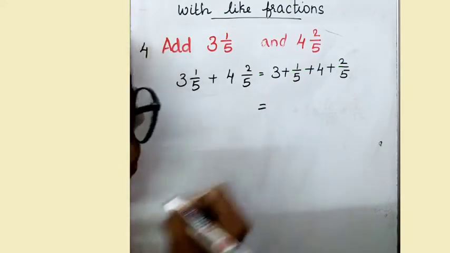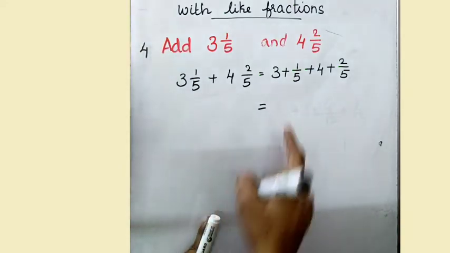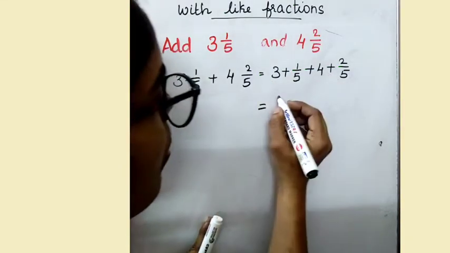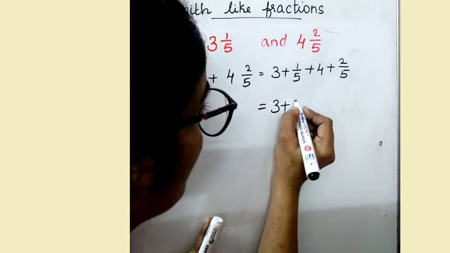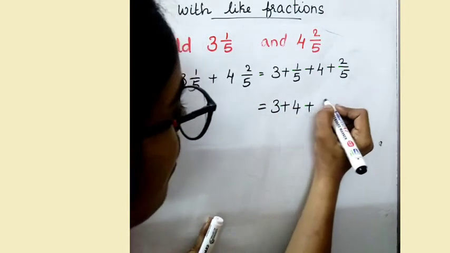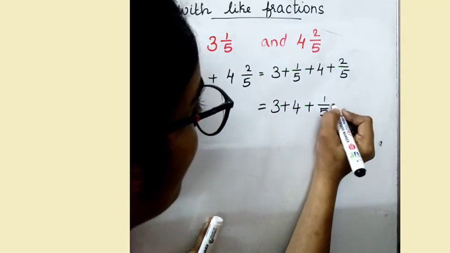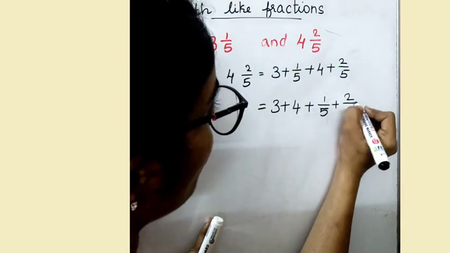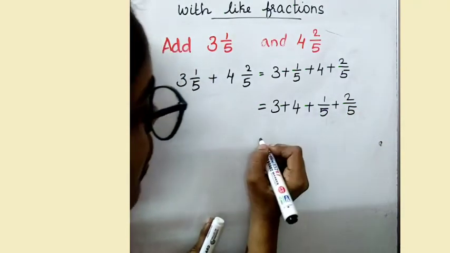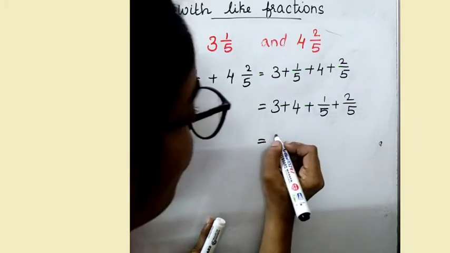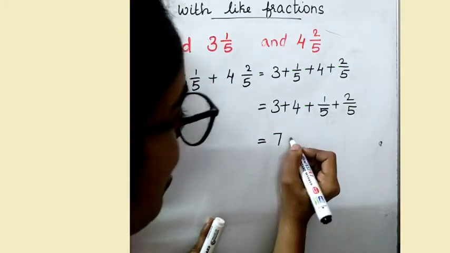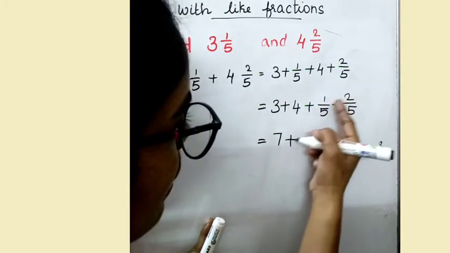That is equal to, how will you add? First of all, add the whole number parts. 3 plus 4 plus 1 by 5 plus 2 by 5. That is equal to 3 plus 4. We know that it is equal to 7. Plus adding the numerator.